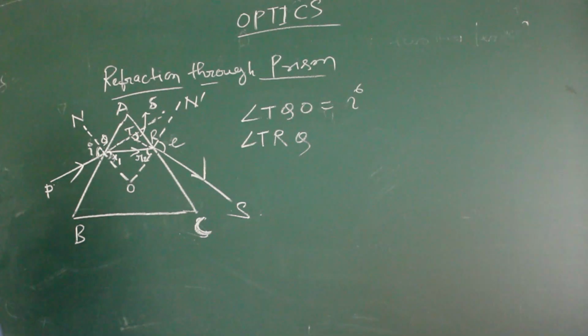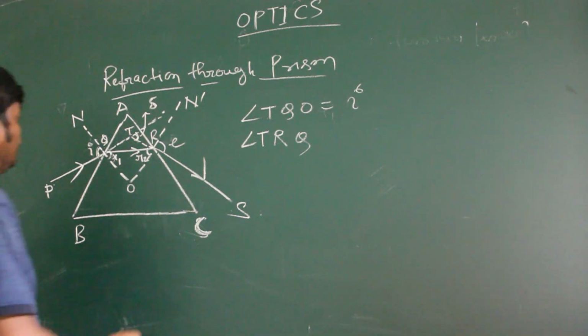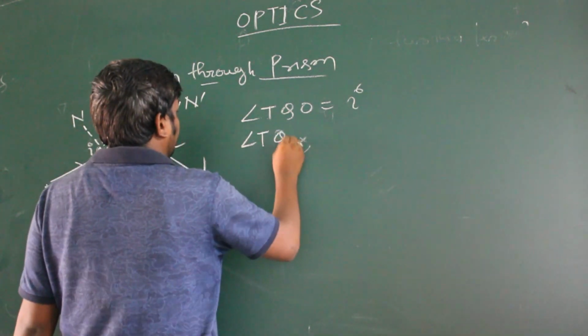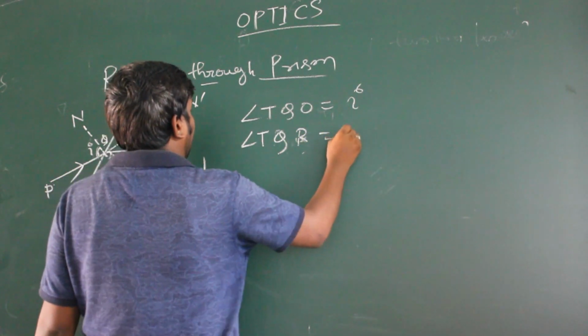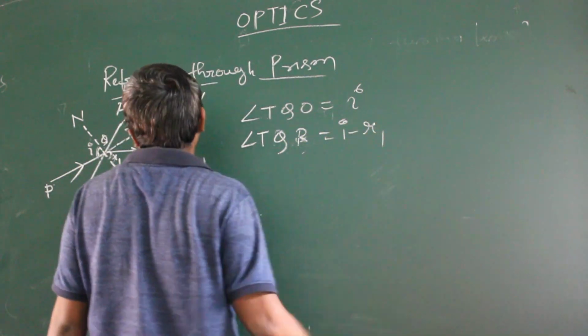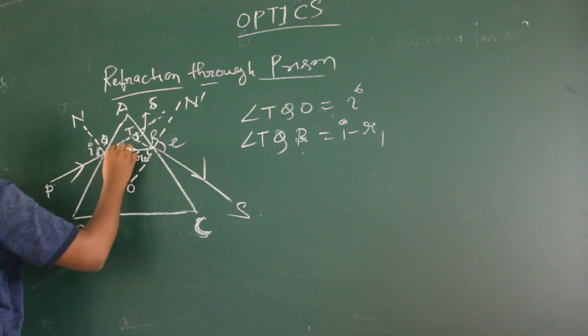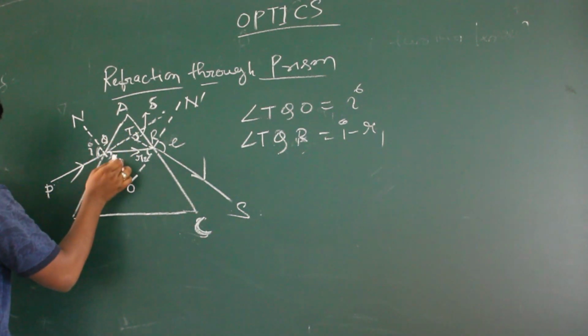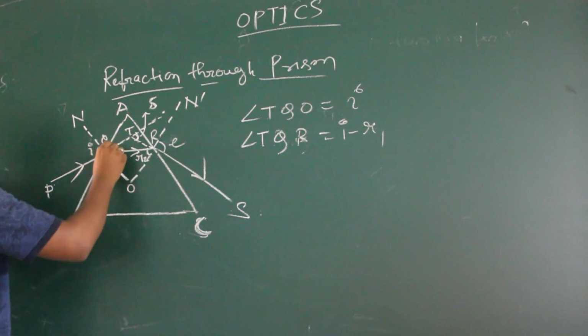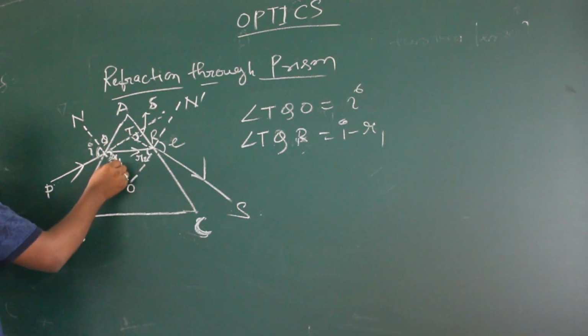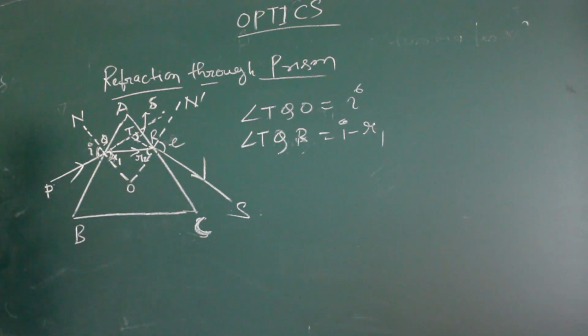So if TQO is I, then TQR will be I minus R1. We have to subtract this angle from the whole angle. So this whole angle is I, so we have to subtract this R1, so I minus R1.